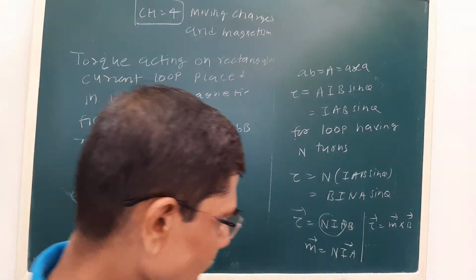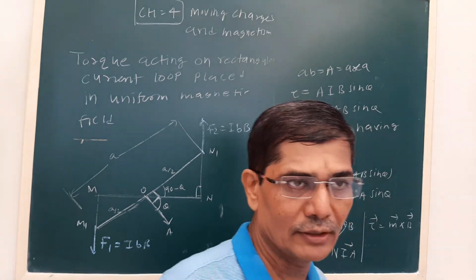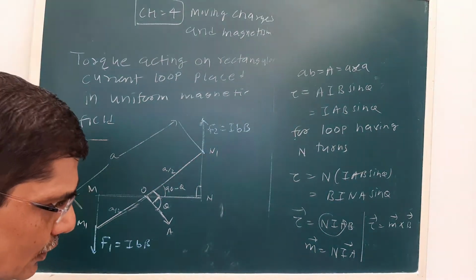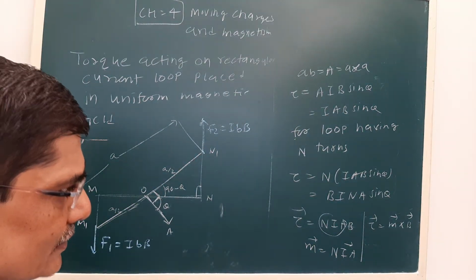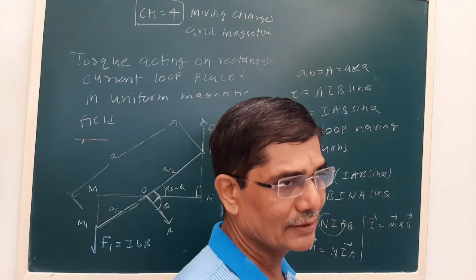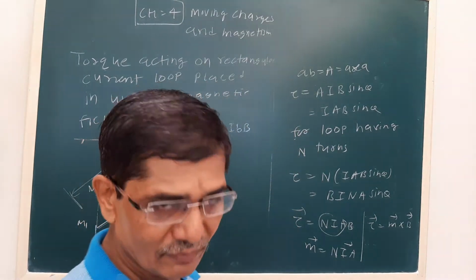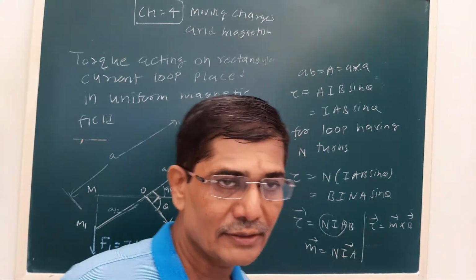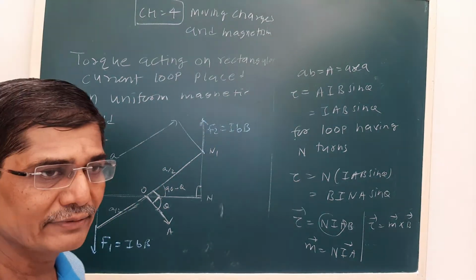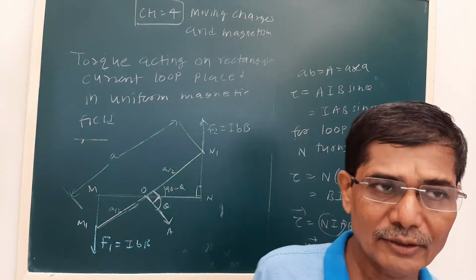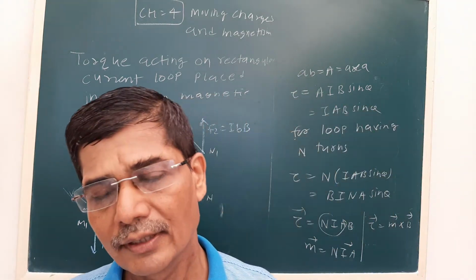So the value of the torque acting on a rectangular loop placed in a magnetic field is given by torque is equal to MB sin theta. And remember, this NIA will be useful to you in lesson number 5 also. So torque value is M cross B.